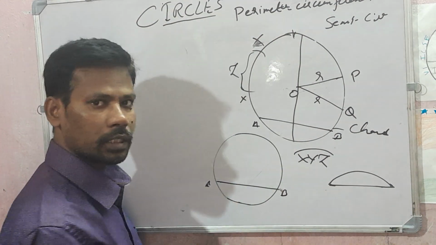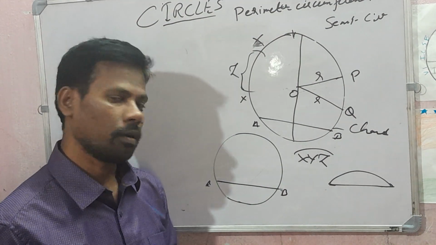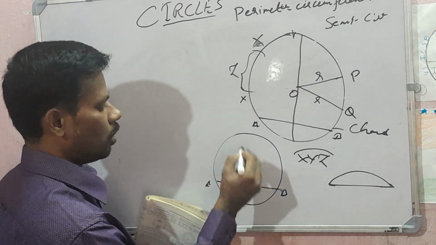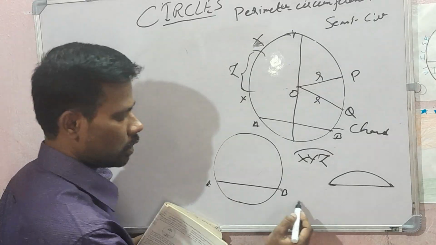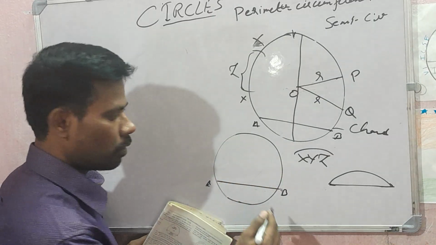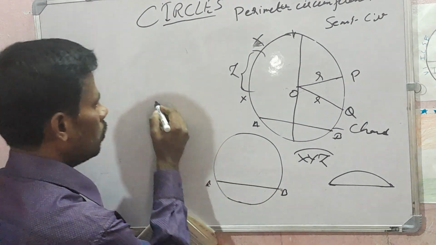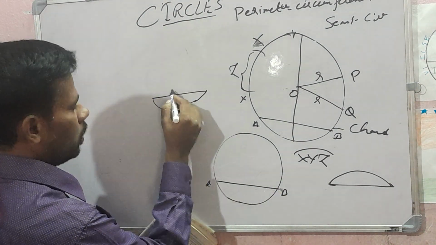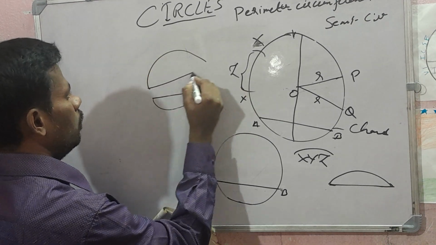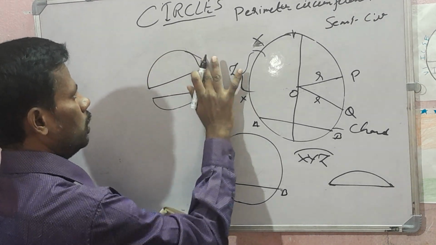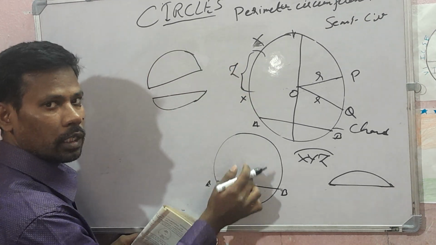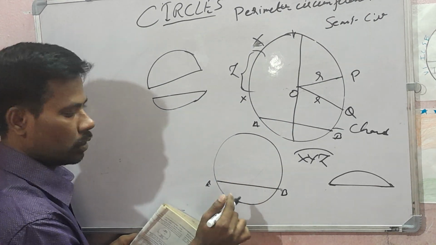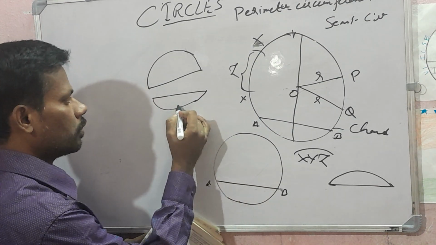This chord divides the circle into 2 parts, not 2 equal parts. So one part is like this, another part is like this, right? So this chord is dividing the circle into 2 parts, not equal parts.